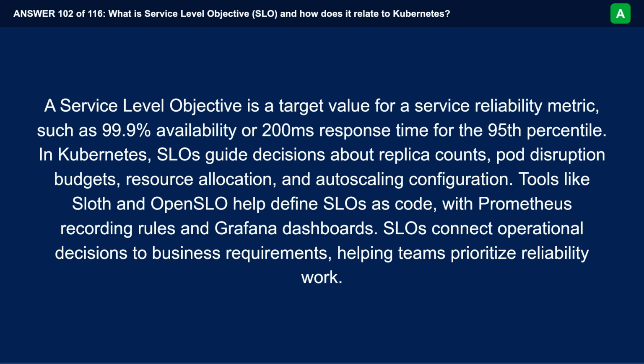In Kubernetes, SLOs guide decisions about replica counts, pod disruption budgets, resource allocation, and autoscaling configuration. Tools like Sloth and OpenSLO help define SLOs as code, with Prometheus recording rules and Grafana dashboards. SLOs connect operational decisions to business requirements, helping teams prioritize reliability work.